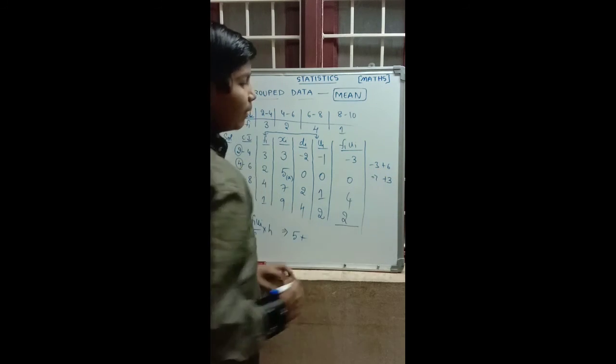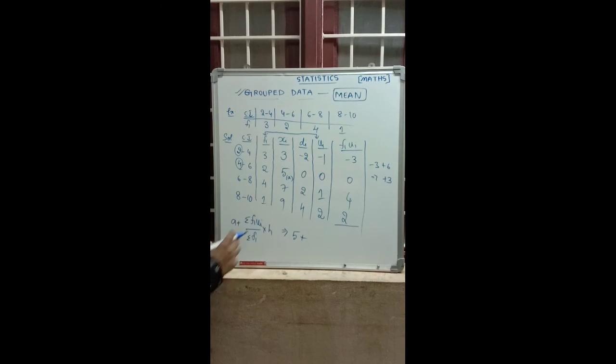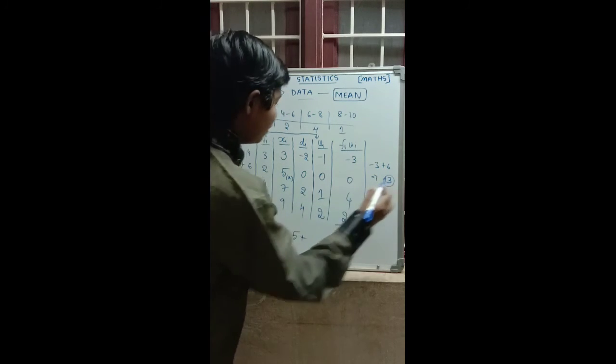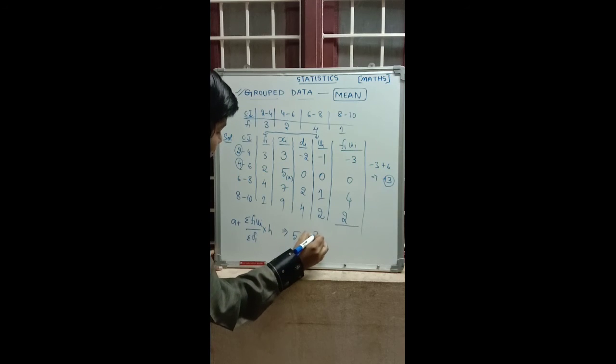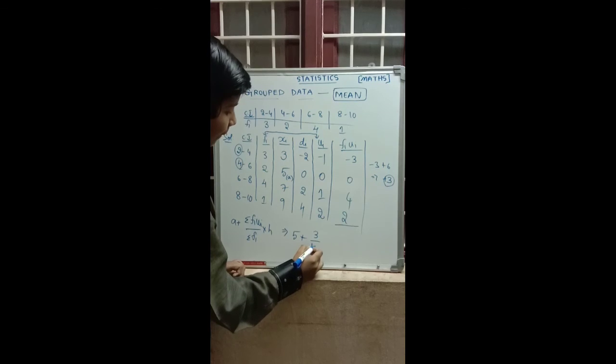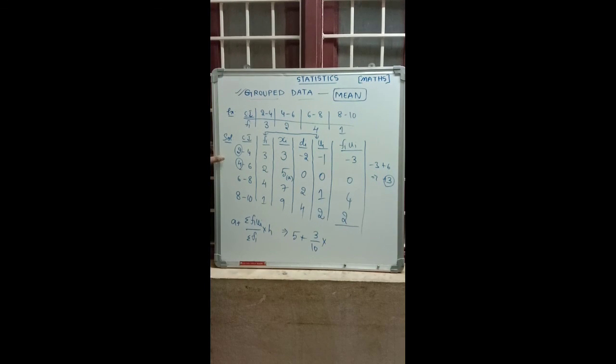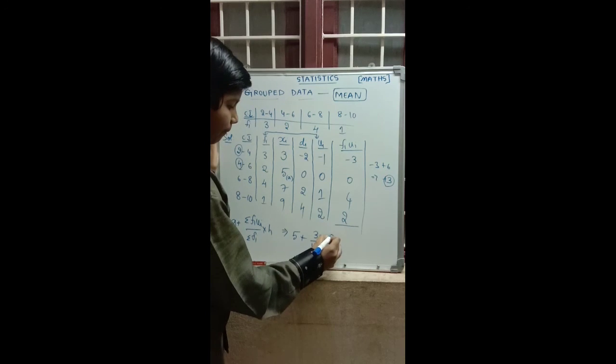Summation fi ui is plus 3. Then 5 plus 3 by the summation of the fi column: 3 plus 2 is 5, 5 plus 4 is 9, 9 plus 1 is 10. 3 by 10 into class size. Class size is 4 minus 2, 2.